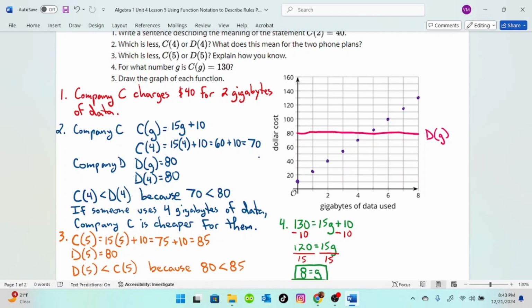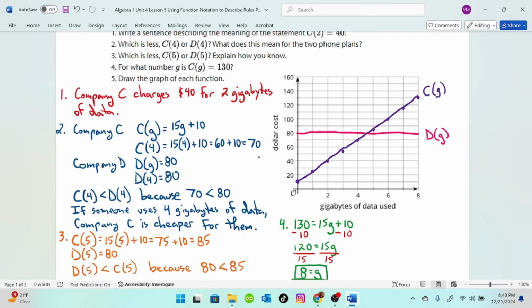And now we can draw the line that connects them. And we will label the purple graph c of g.